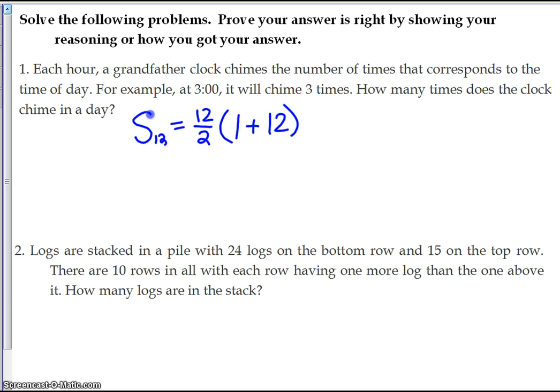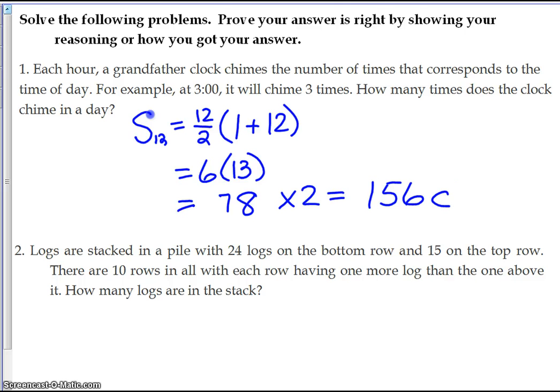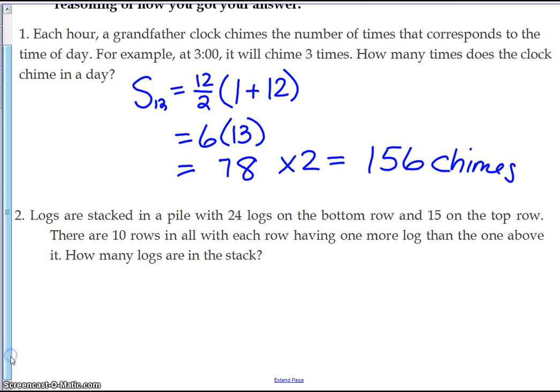So we would be looking here at 6 times 13. 6 times 13 is 78, but that's in half a day. We would have to double that because it happens twice in a 24-hour period, because it says in a day is 24 hours. So we have 156 chimes in a 24-hour period.